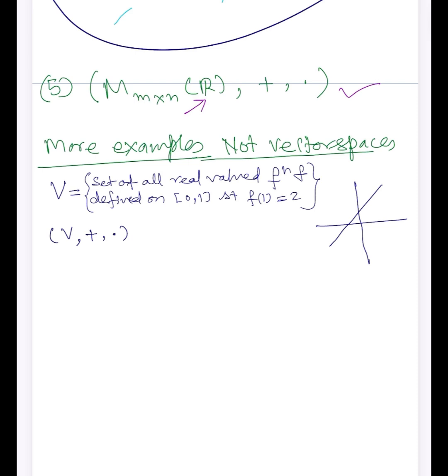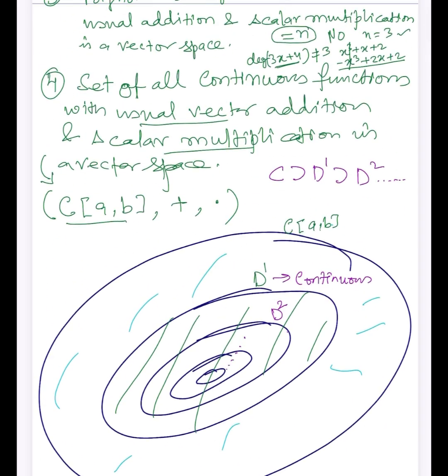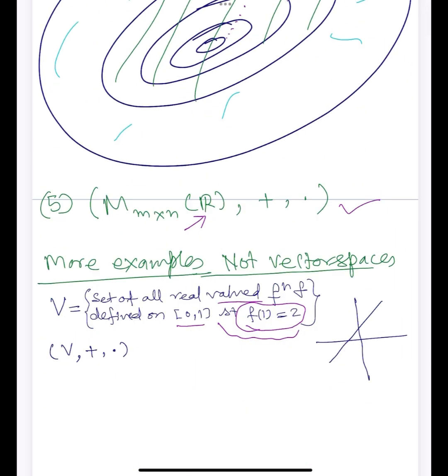So if I say the set of all real valued functions defined on [0,1], and I restrict with this condition, f(1) = 2. If I do not restrict with this condition, then it will be a vector space by the earlier example. Example 4.